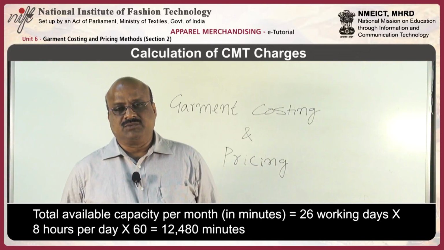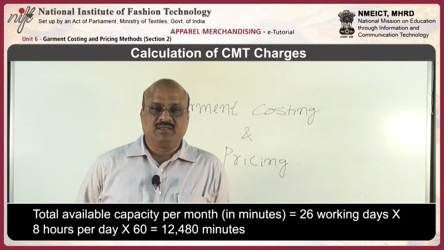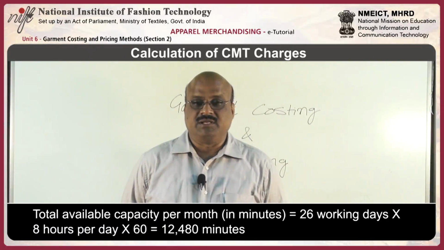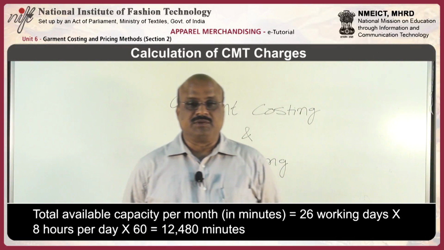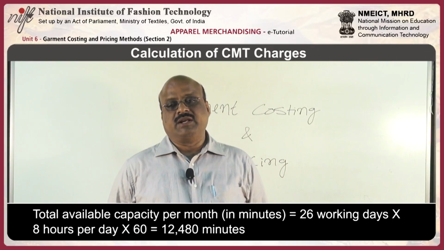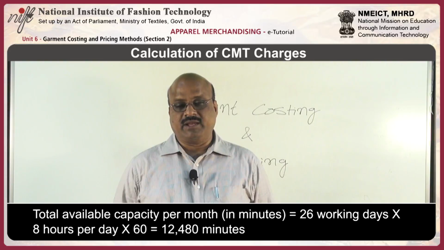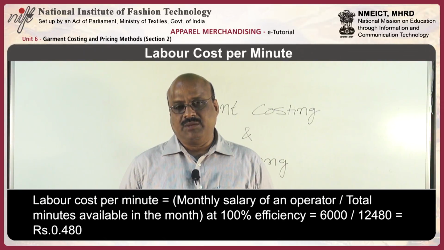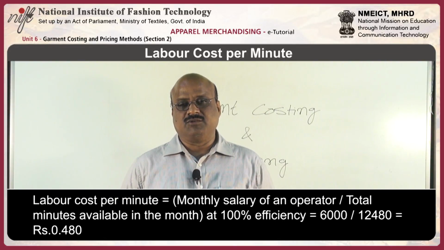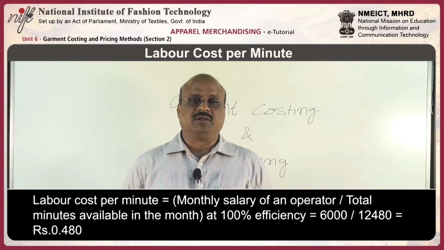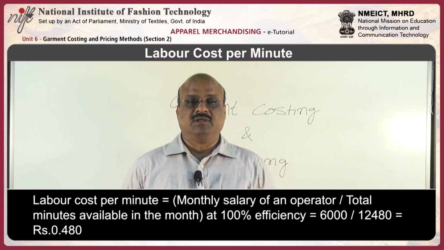That is 26 working days multiplied by 8 hours per day and multiplied by 60 minutes per hour, which gives 12,480 minutes. Labor cost per minute is equal to monthly salary of an operator divided by total minutes available in the month at 100% efficiency.